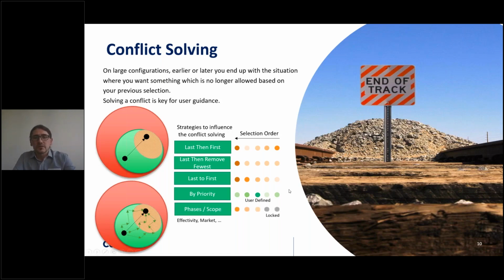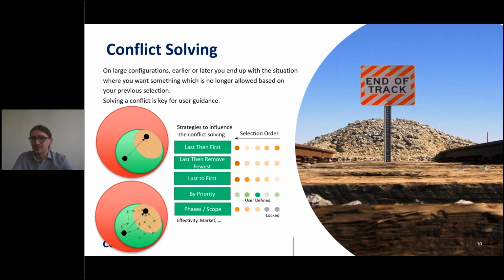And the last one we have is phases. So sometimes you would like to lock certain characteristics out of the conflict solving. So for example, the market. If I buy a car and I say I have to register it in Germany, it applies, of course, the German rules, which are needed to drive a car on German streets. But it would be bad if the configuration engine says, hey, you can get this feature if you register your car in the Netherlands, or if you register your car in Denmark.